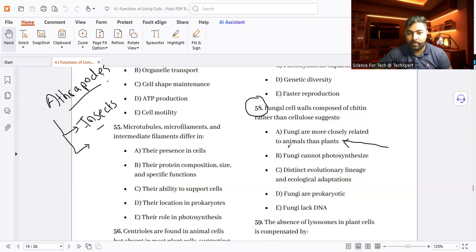Only animals and fungi have chitin. This is a world-class business, okay? Extracting chitin from arthropods. That's a world-class business. Okay, this is the answer.